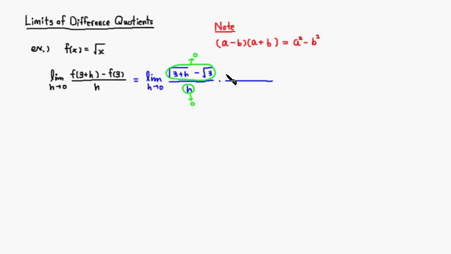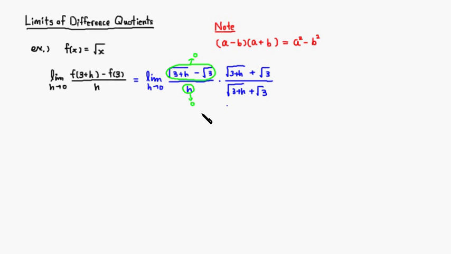So we're going to multiply by square root of 3 plus h plus square root of 3. Right? And we have to do the same thing to the bottom too, so you multiply the denominator by the quantity square root of 3 plus h plus square root of 3.